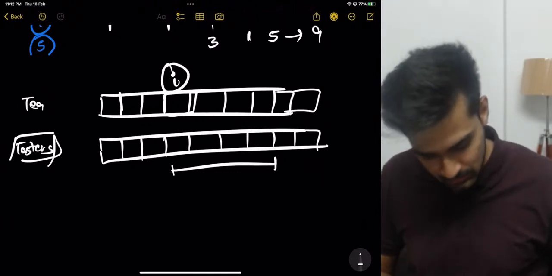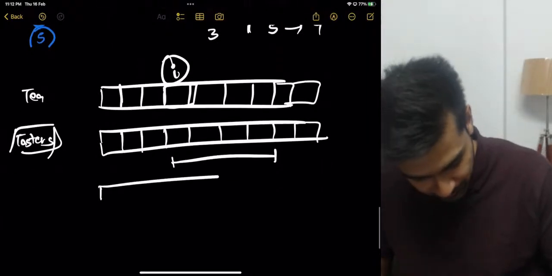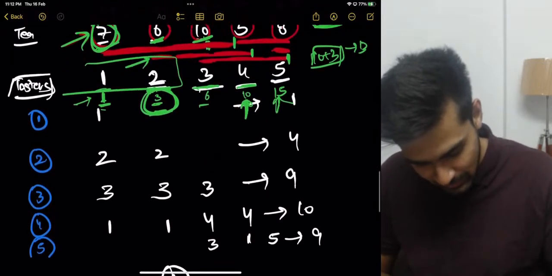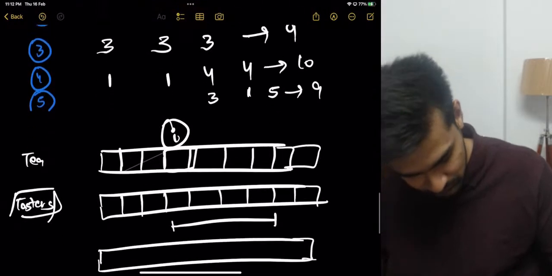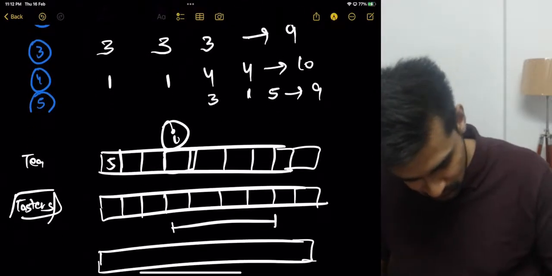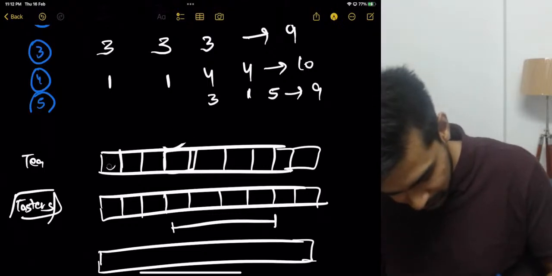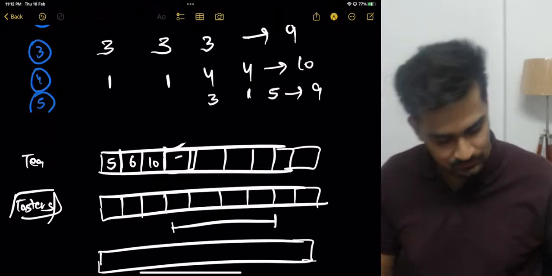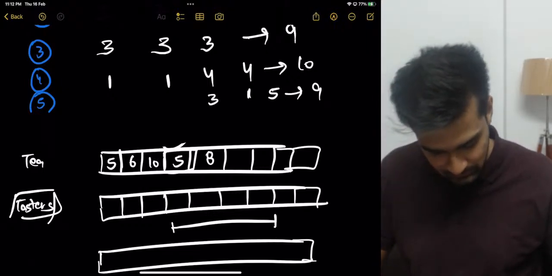Okay, so how are we actually able to do this? We first have a prefix array. Let me just take these values only. We had 5, 6, 10, 5, 8. Let me just remove the extra and make a new one.